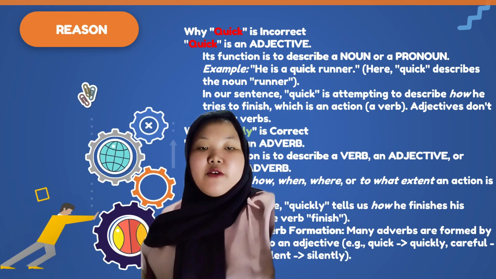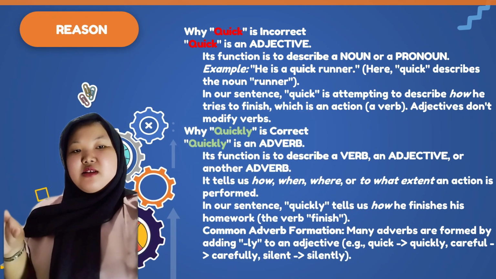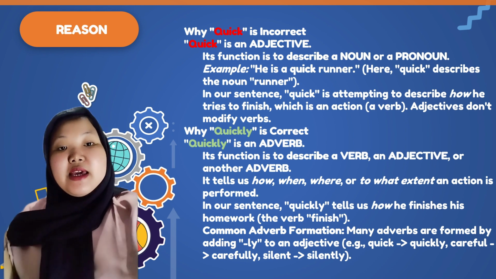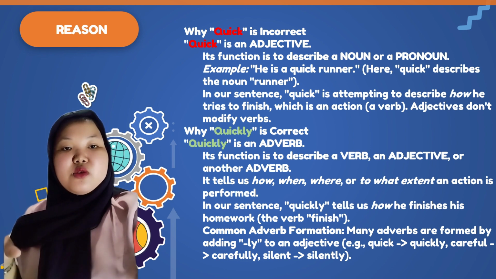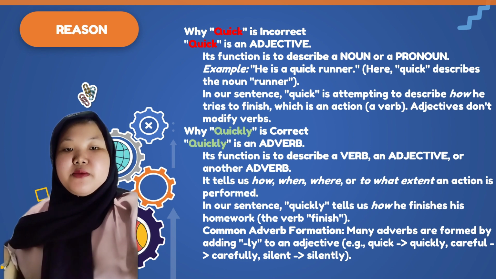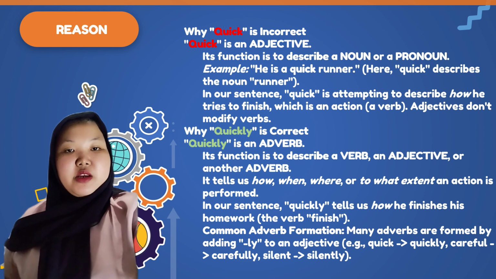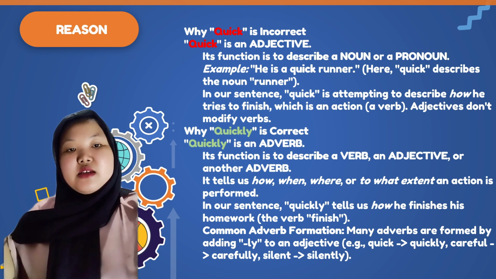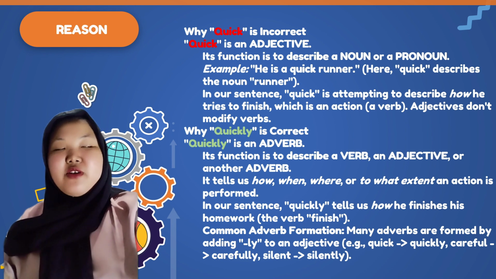Reason. First, why is quick incorrect? Quick is an adjective. Adjectives are used to describe a noun or a pronoun. For example, he is a quick runner. In that sentence, quick describes the noun, which is the correct use of an adjective.